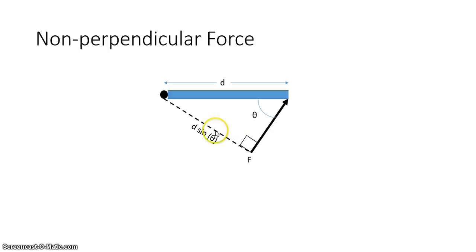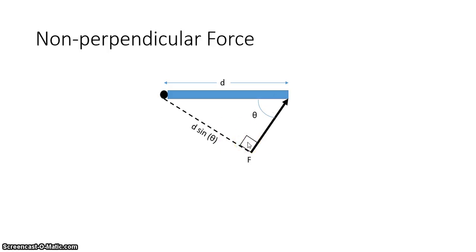Okay, and so we would be finding the y component, if you will, of the moment arm, and that y component would be perpendicular to the actual force, and that's what we have here.